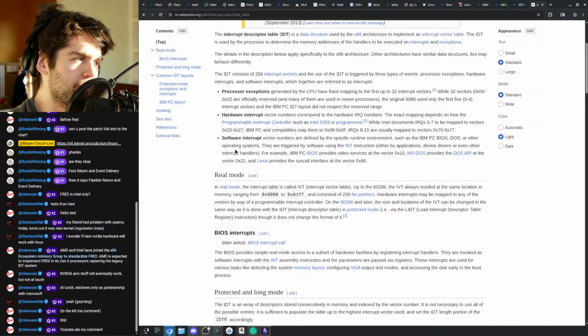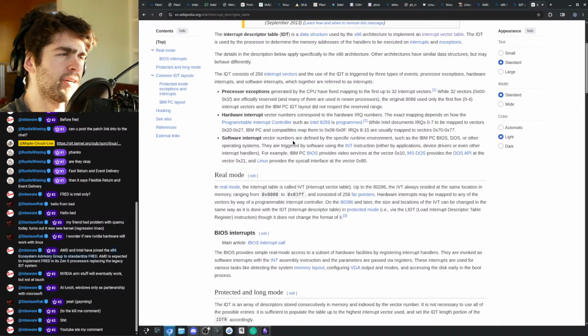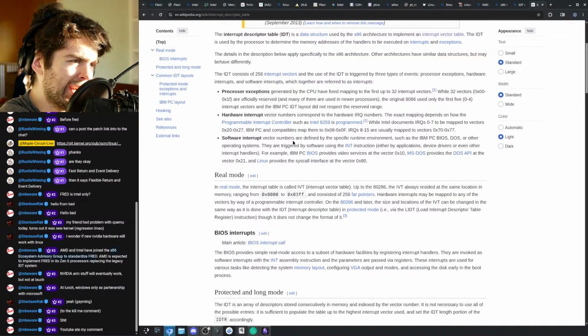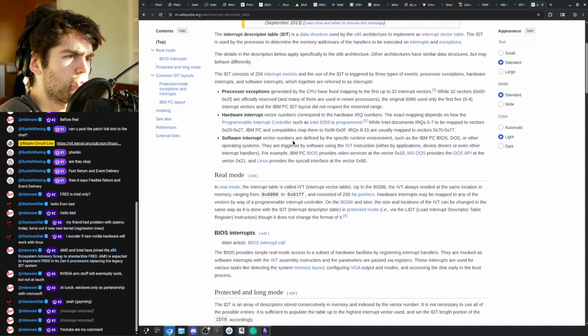Okay, software interrupt. Vector numbers are defined by the specific runtime environment, such as IBM PC BIOS, DOS, or other operating systems. They are triggered by software using an int instruction, either by application, device driver, or other interrupt handlers. For example, IBM PC BIOS provides video services.